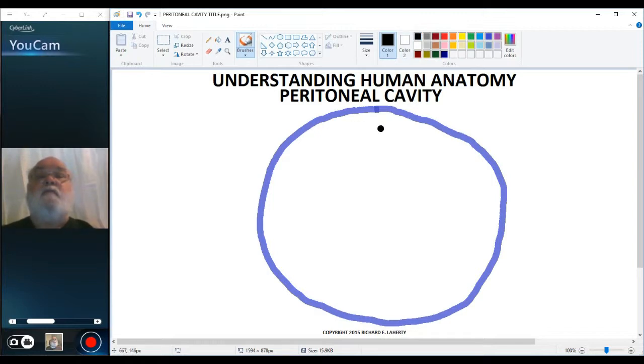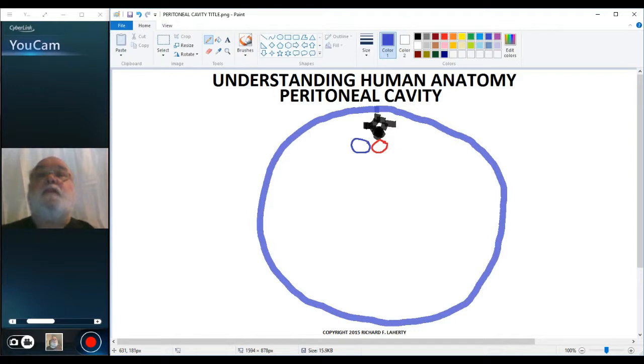Again, we'll put in a vertebra. And we'll draw in an aorta. And an inferior vena cava.